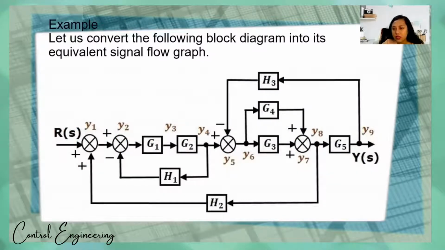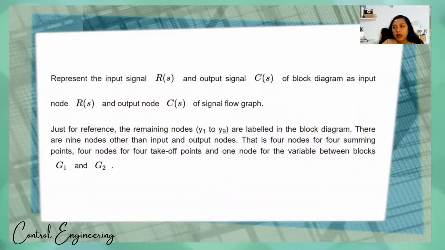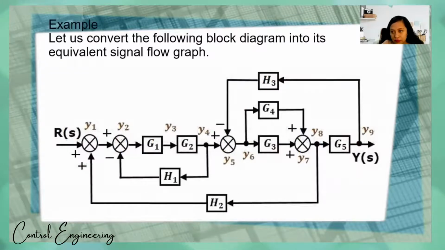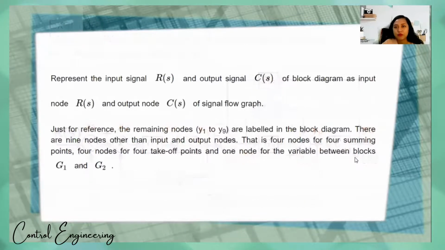Saan yung C(s) dito? It should be Y(s). So the black dot is the input node R(s) and the output node in the signal flow graph. It's Y(s), dito C(s), Y(s). Ito dapat yung output natin.